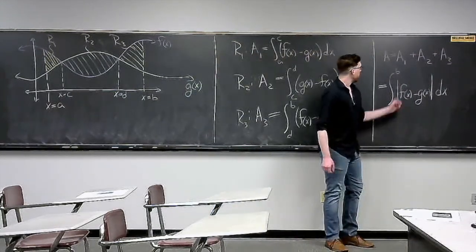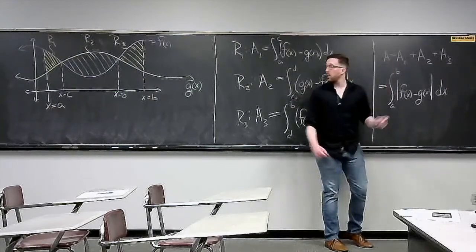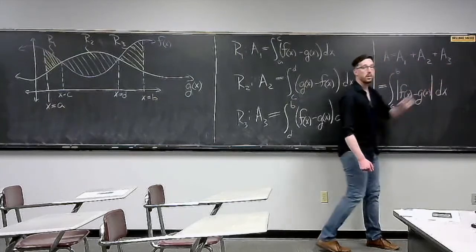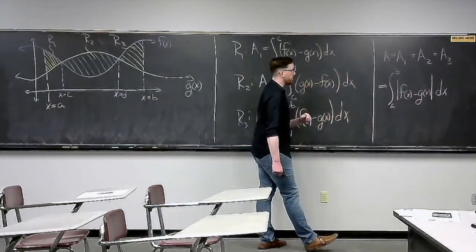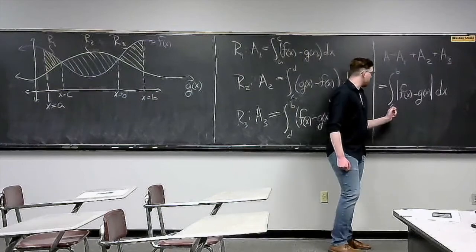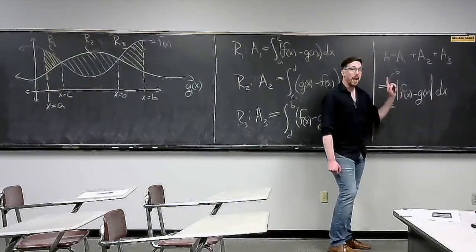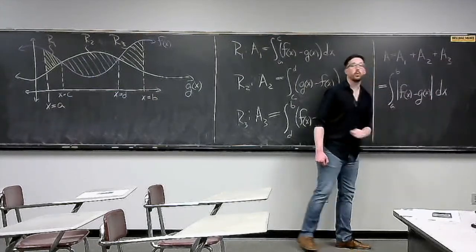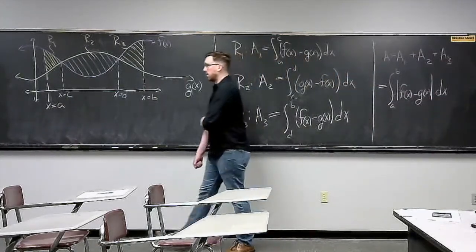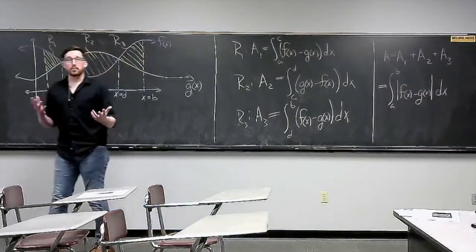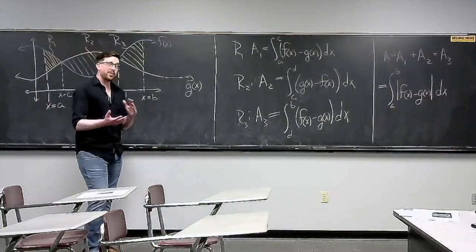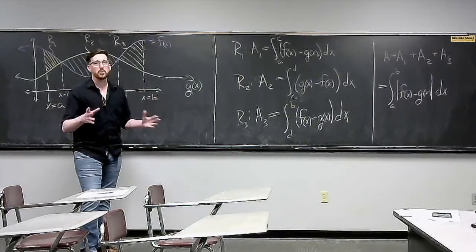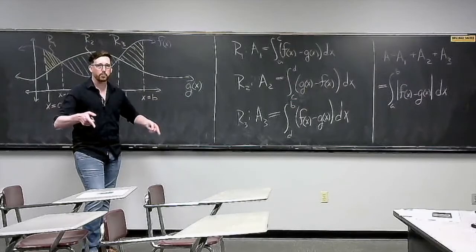That is to say, the area of that entire thing, so the area of region 1 plus the area of region 2 plus the area of region 3, is equal to the definite integral from a to b of the absolute value of f of x minus g of x integrated with respect to x. Now notice, because of those absolute value signs, we could have said the other way where it's g minus f. Both cases would have been true, because you're just taking the absolute value, right?